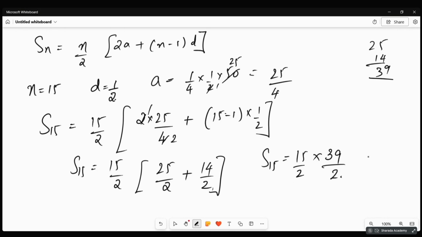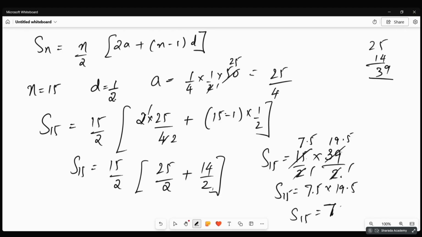You will get this much. 40 is 20, no? So 19.5 here. 15 by 2 is 7.5. So S15 is equal to 7.5 into 19.5. How much you will get? 750. Correct.